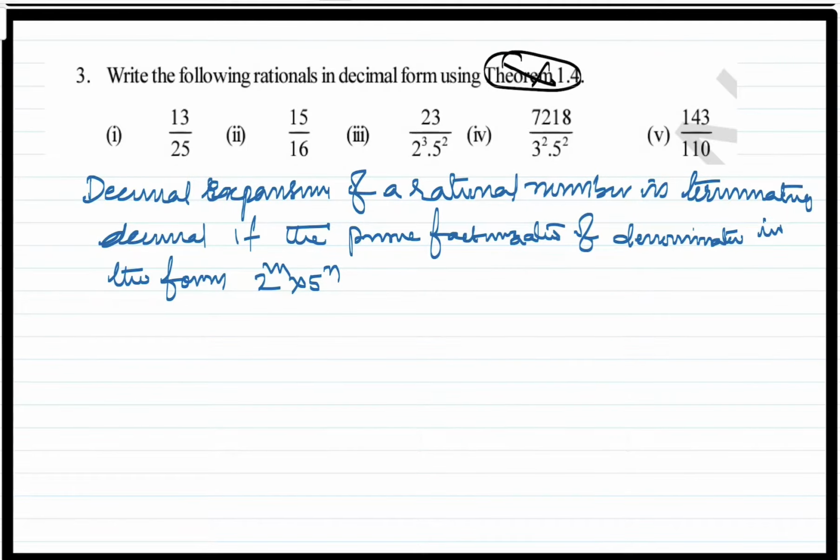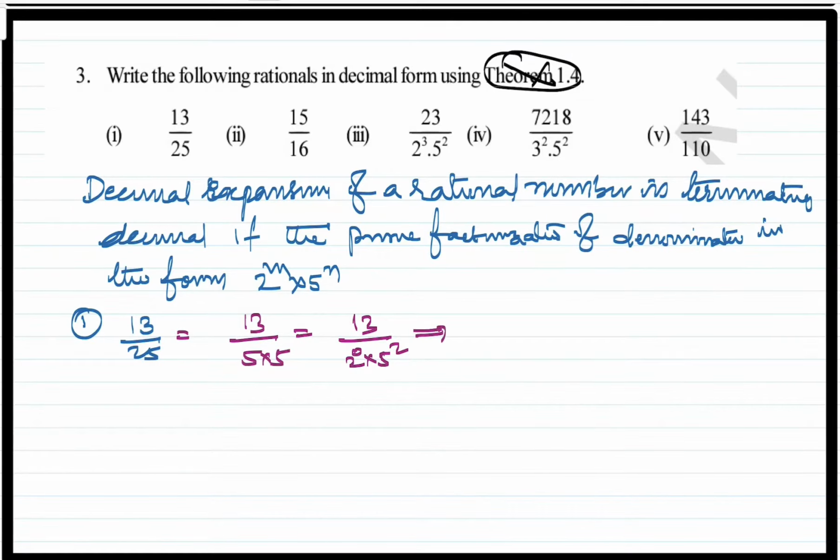First we can say 13 upon 25, the first question here. 13 upon 5 times 5. So this is in the form of 2 to the power of m, 5 to the power of n. We can write this again as 2 to the power of 0 times 5 to the power of 2.